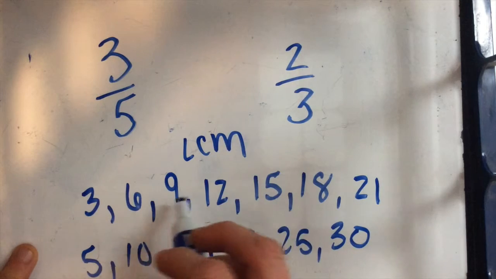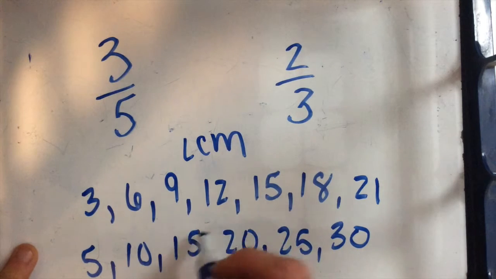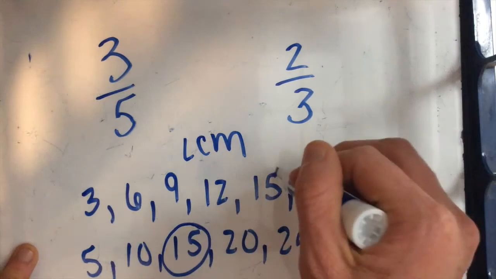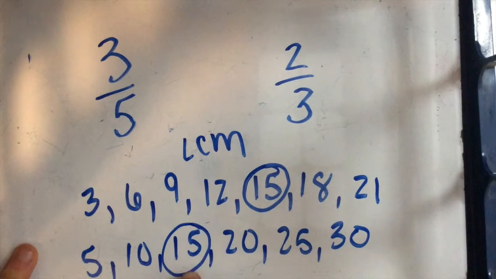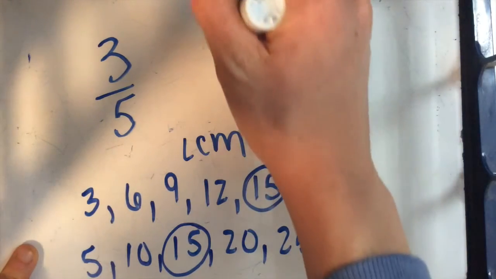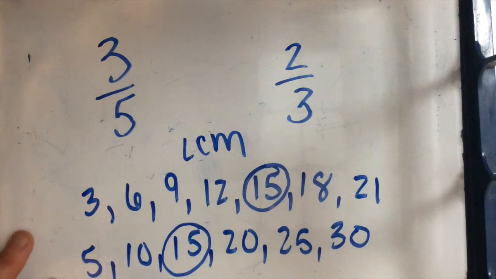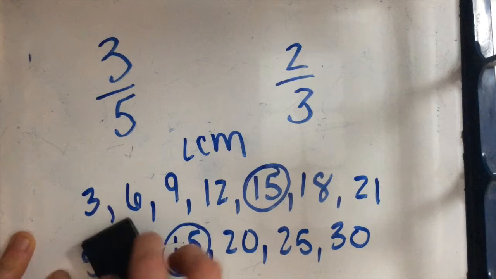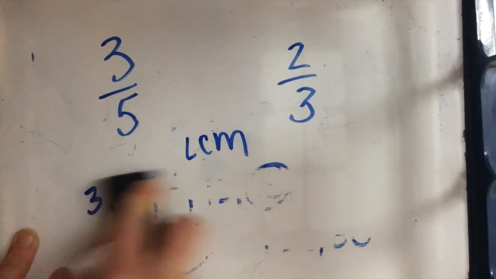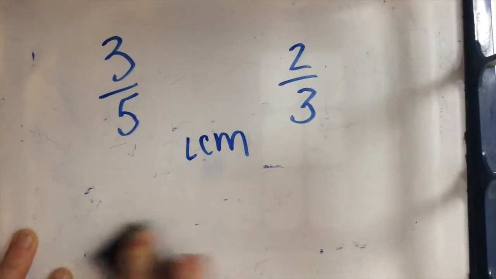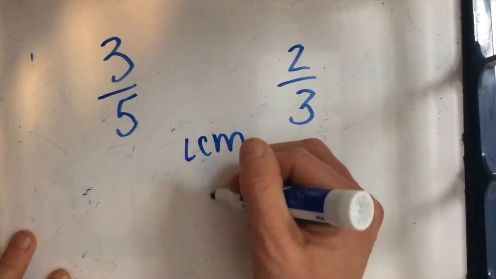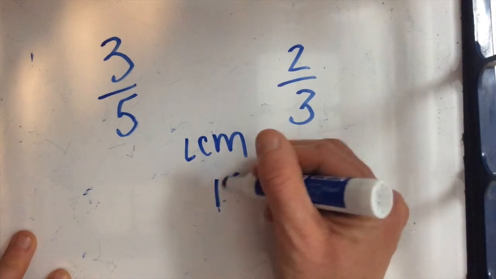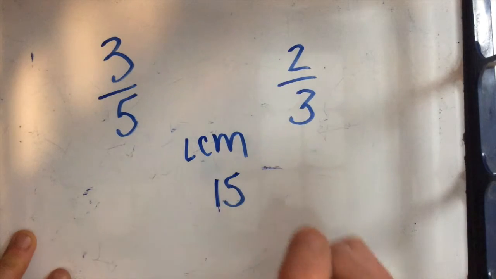Well, 9, no, 12, no, oh, 15 is the least or the lowest number. That is a multiple of both 5 and 3. So we're going to remember our least common multiple then is 15, and we found it simply by listing the multiples of our two different denominators, okay? So our least common multiple is 15, okay?